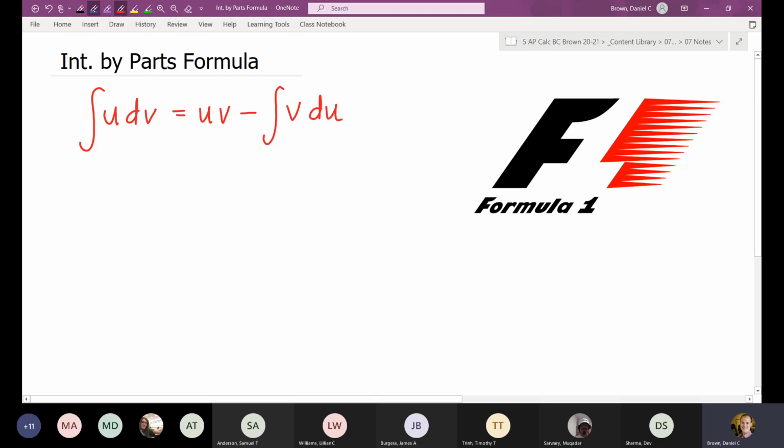I know that looks a little bit weird. This first part is basically representing the original integral. So in some ways, we're used to doing u substitution. For integration by parts, we're going to be doing like this weird u substitution and dv substitution. And then the second part is basically what the answer is.